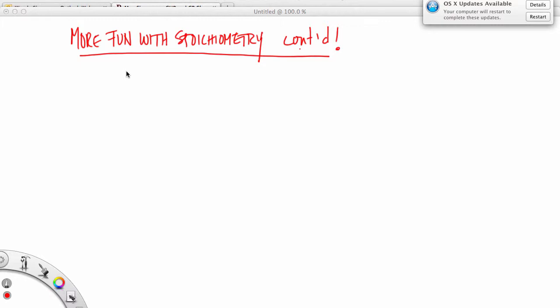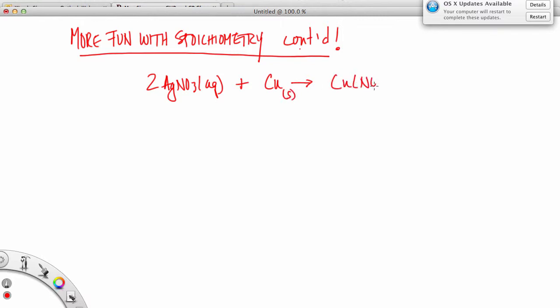Okay, so we're back, and we're going to work with the same reaction we did before, where we have our silver nitrate solution, we add some copper, and we make a copper 2 nitrate solution, and a pretty silver solid.